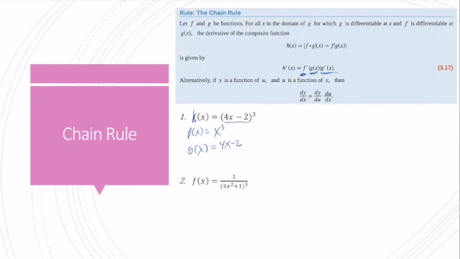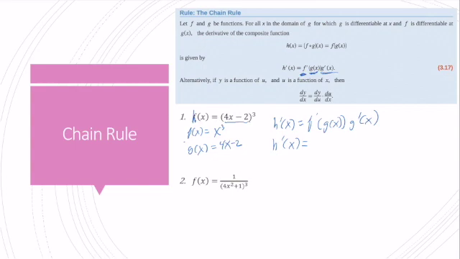So what I'm going to do is take the derivative of f of x, so h prime of x is the derivative of f of g of x times g prime of x. So I'm going to take the derivative of f of x, which is 3x squared.